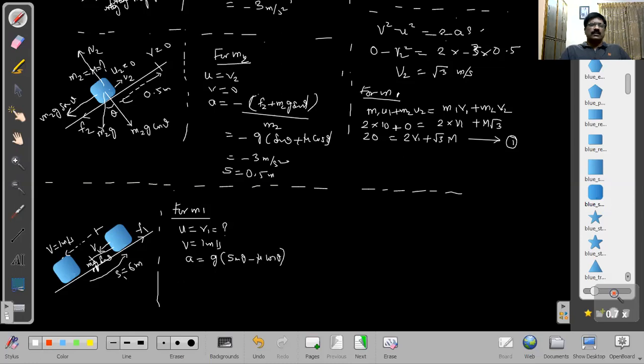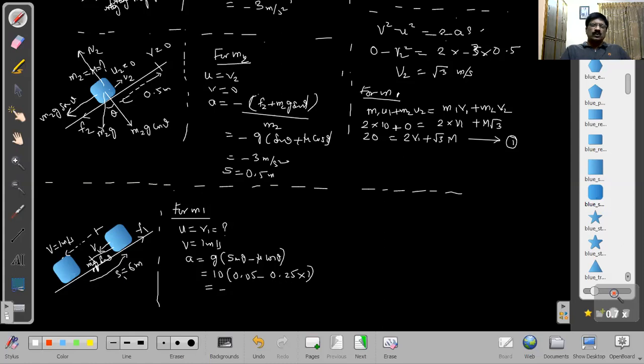So this is equal to g = 10, sin theta = 0.05, minus mu = 0.25 into cos theta, which we already got as 1, previously substituted. Here a = 10 into (0.05 minus 0.25), which is minus 0.2, into 10.